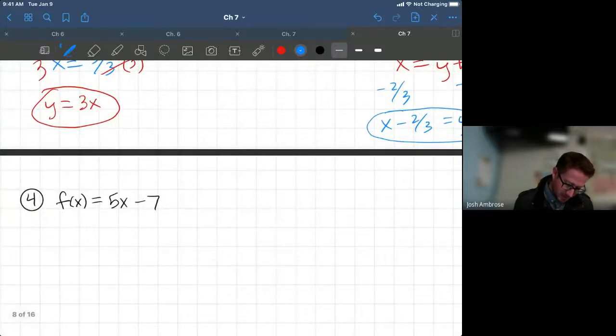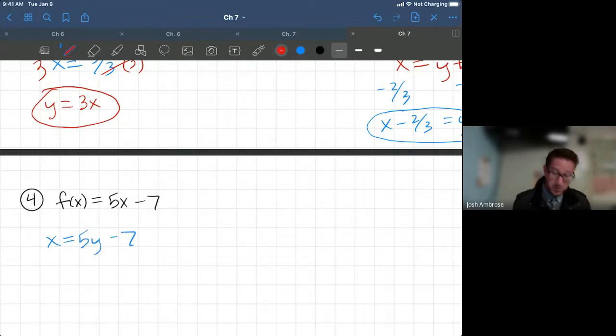Let's do a couple more, just to make sure it's really setting in. x equals 5y minus 7. Go through your basic algebra steps. Add 7 to both sides and cross it out. In this case there's nothing to put that 7 with, so we just say x plus 7 equals 5y.